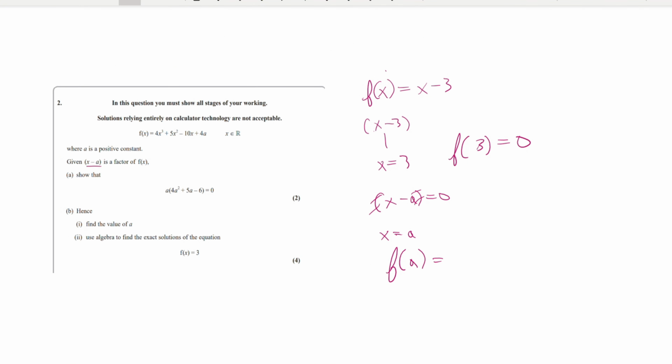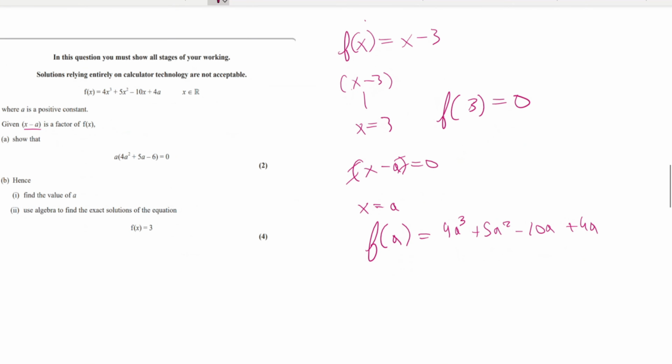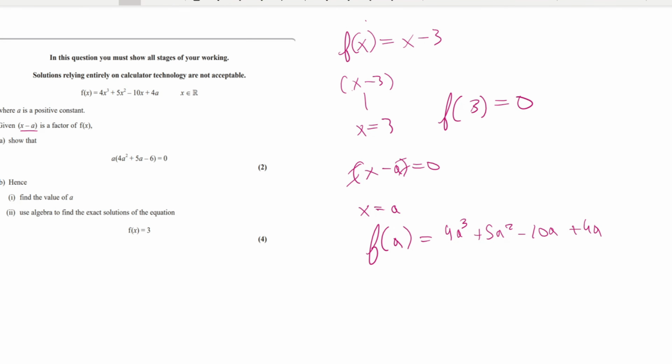Now change the x to a, so this is just going to be 4a^3 plus 5a^2 minus 10a plus 4a, and we know that f of a is going to equal 0, so let's do 4a^3 plus 5a^2 minus 6a.